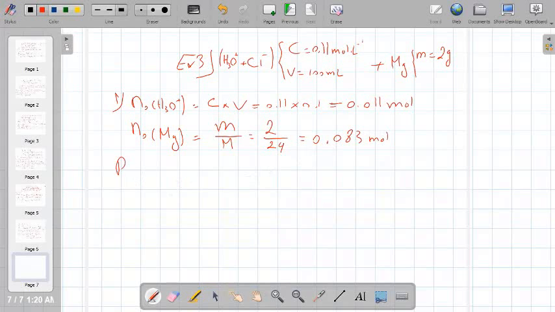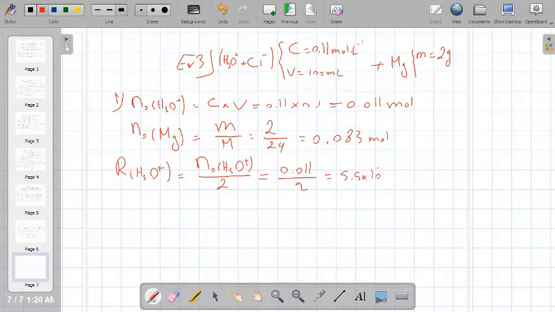Okay, the ratio of H3O+ equals n0 of H3O+ over the stoichiometric coefficient 2, equals 0.011 over 2 equals 5.5 times 10 to the power minus 3. That means 5.5 times 10 to the power minus 3.